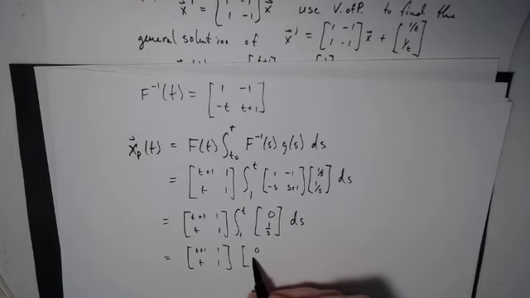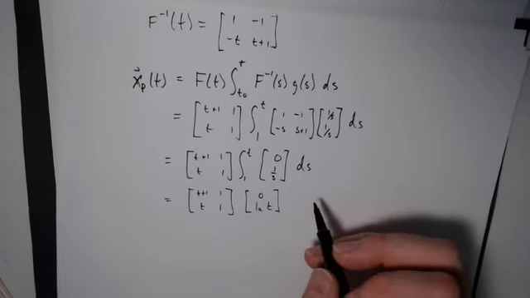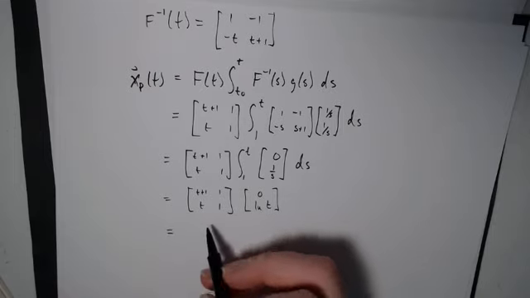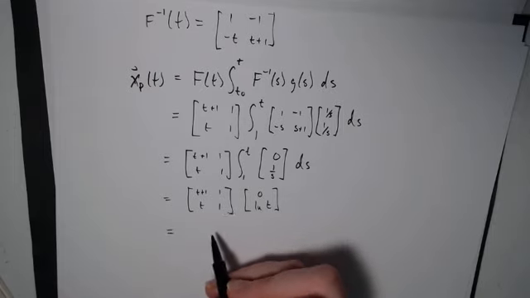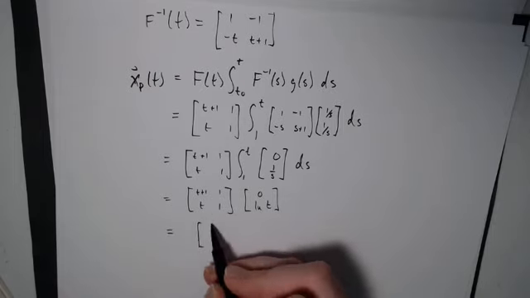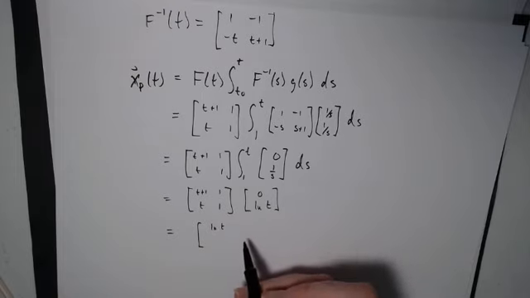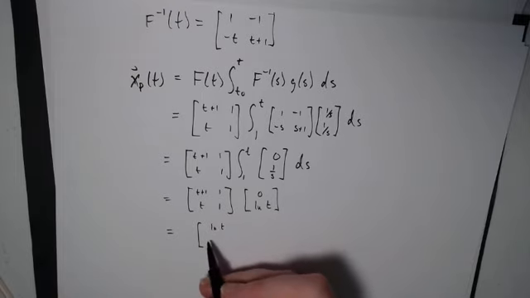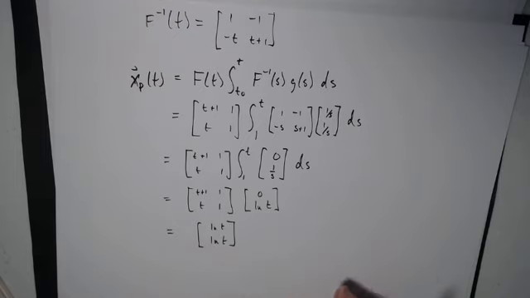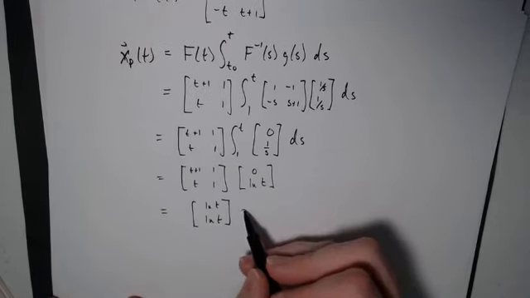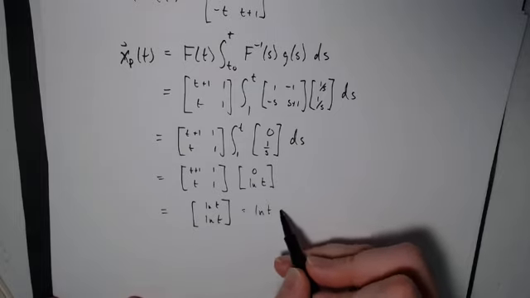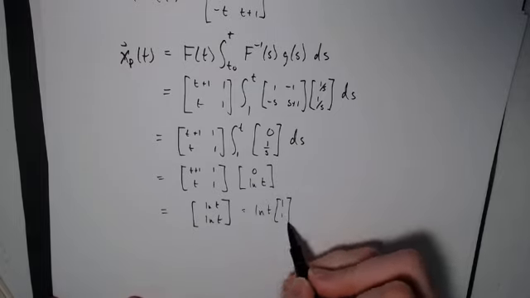So we end up with the natural log of t. Now we can multiply that out. We're going to get the natural log of t. We're going to get t times 0. We're going to get the natural log of t again. Maybe you don't like it written that way. Maybe you'd rather write it this way. It's totally up to you.